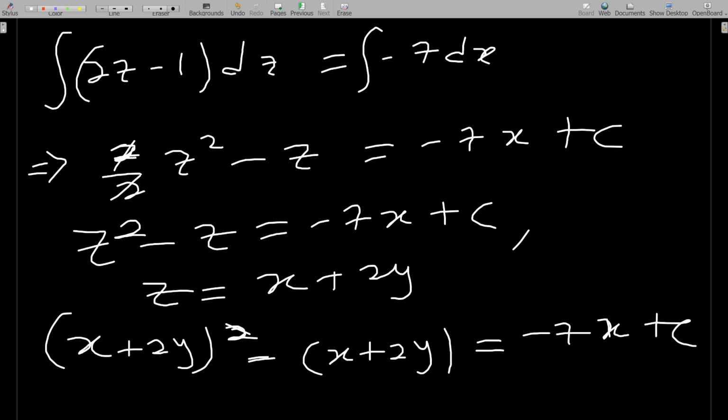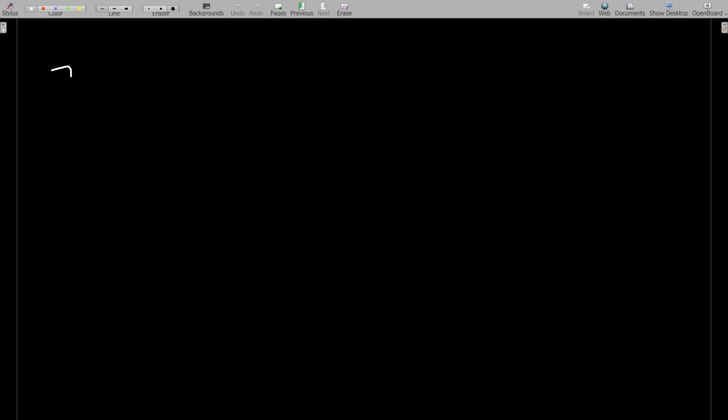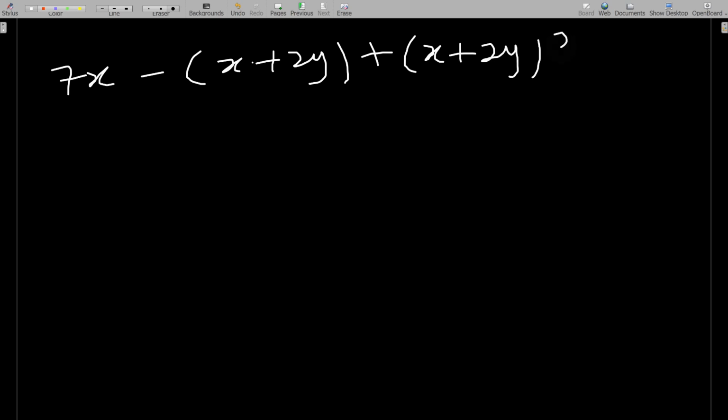Or you can simply rewrite it by putting minus 7x to the other side: 7x minus (x plus 2y) plus (x plus 2y) squared should be equal to c. And I think this is an equation of an ellipse or so, something like that.